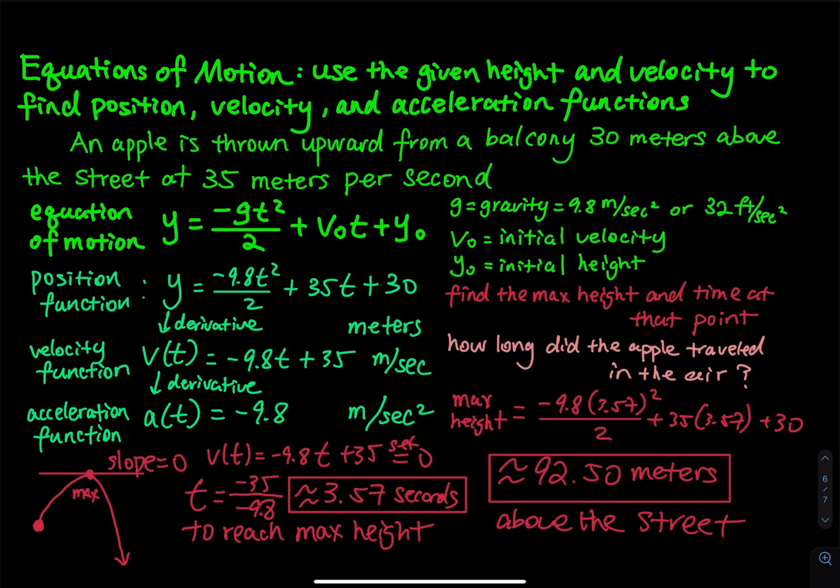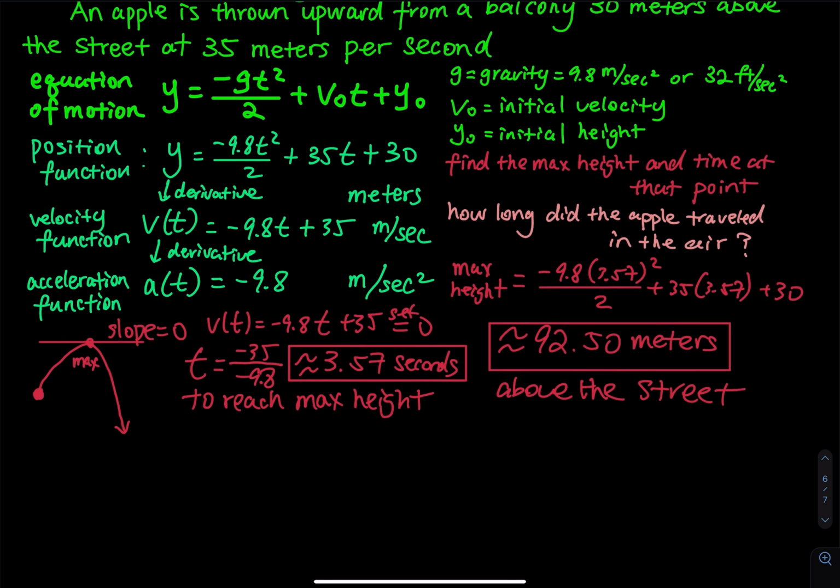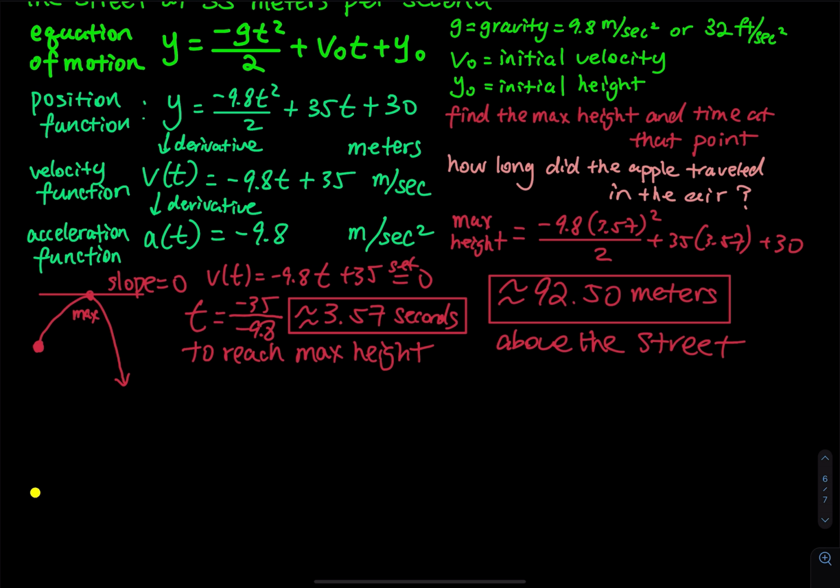How long did the apple travel in the air? Remember this, you start at the initial position, the apple goes up and then drops to the street. So how long does it take for the apple to travel in this path? Start at 0, go up and then drop to the street. How long does it take?